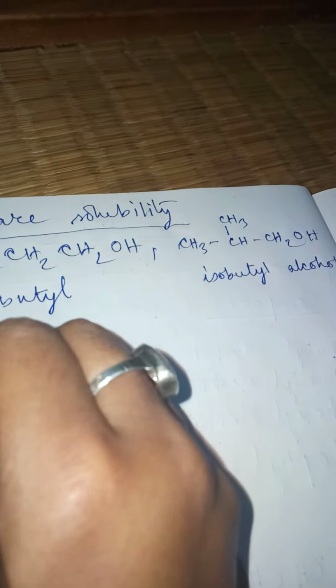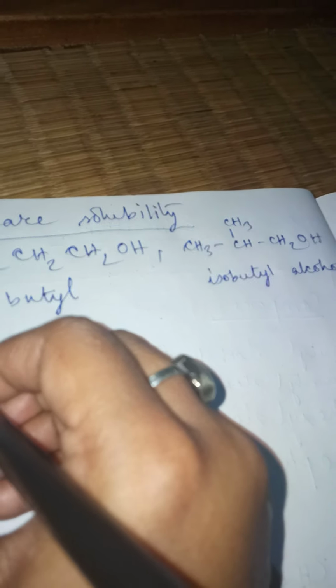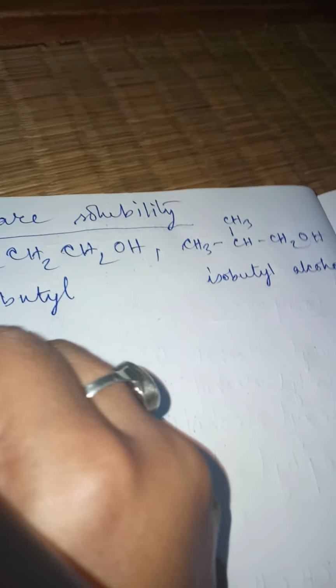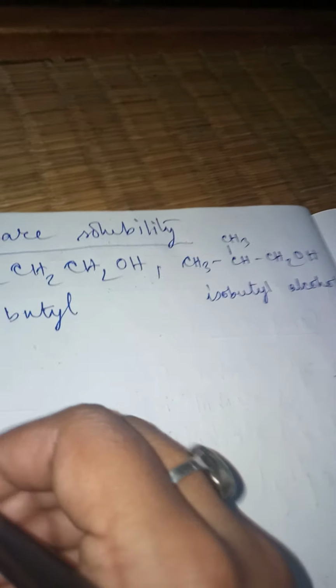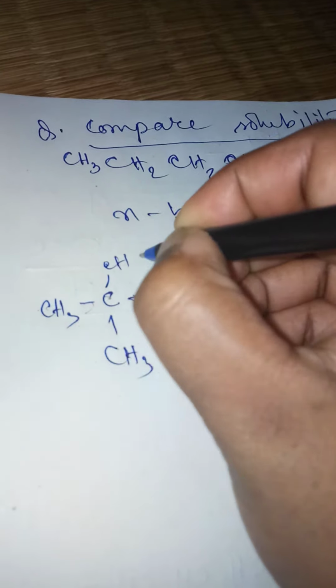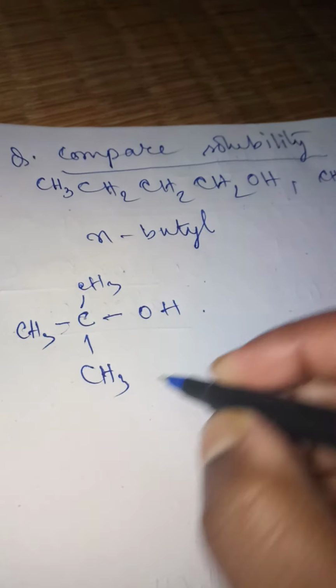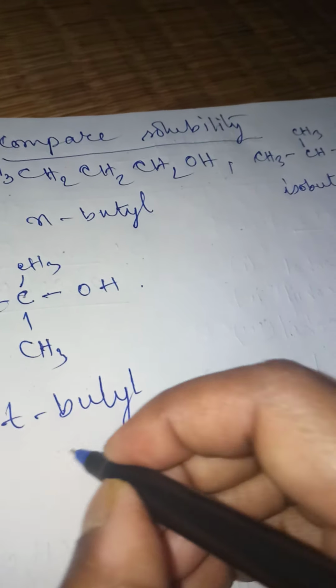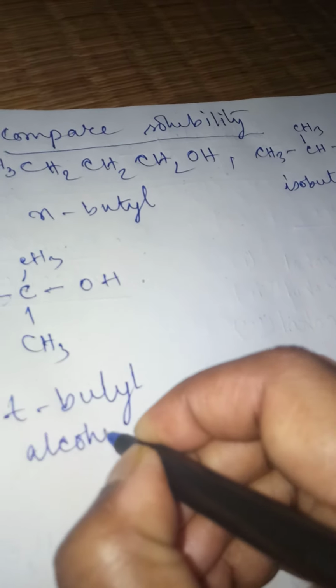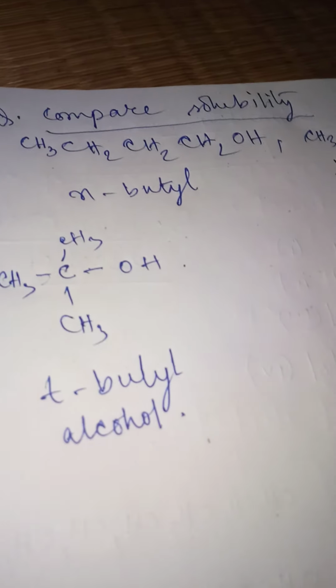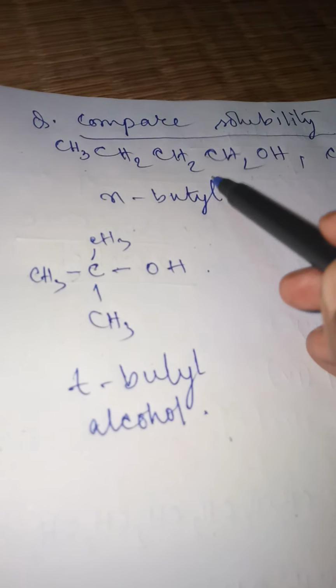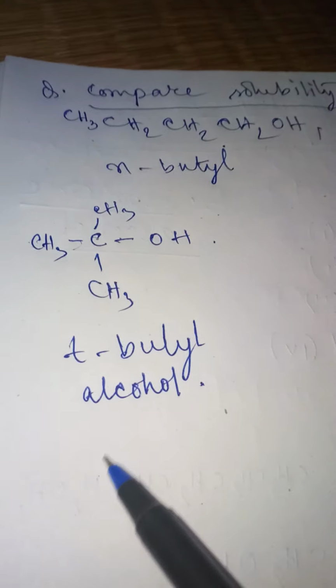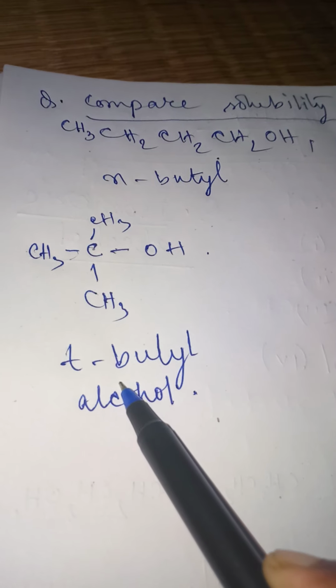And another one is (CH3)3COH. This is tertiary butyl alcohol. So compare the solubility of n-butyl alcohol, isobutyl alcohol, and tertiary butyl alcohol.